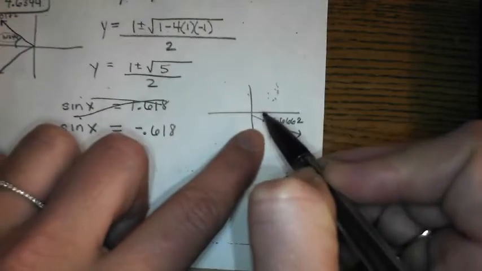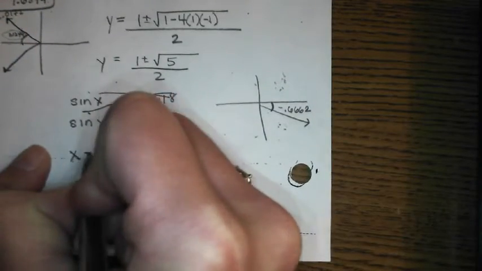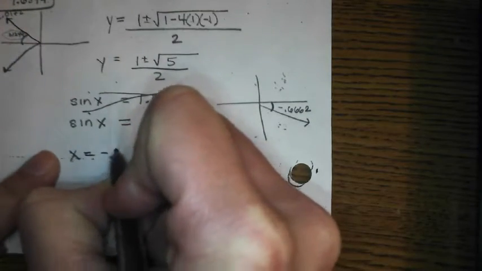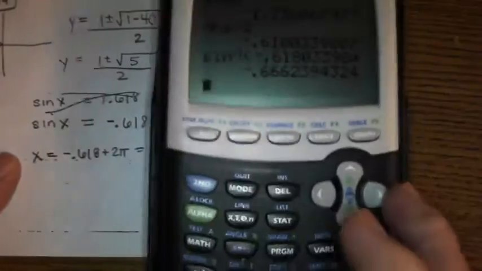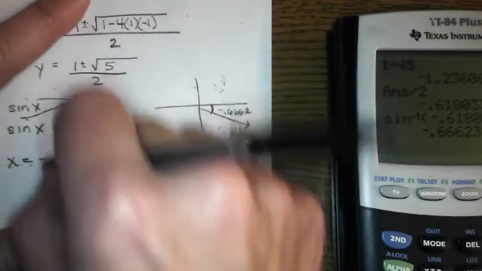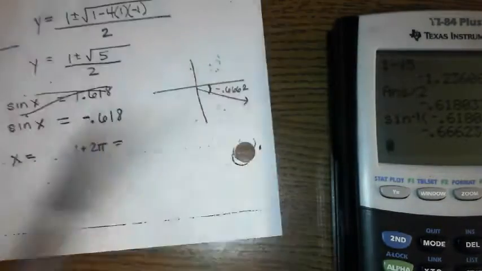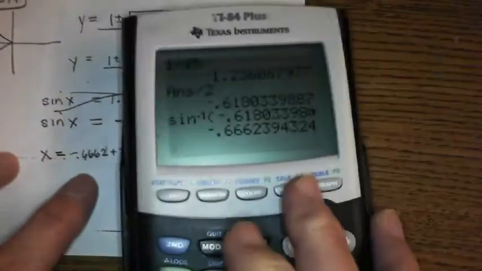So I can though find its coterminal just by adding on what? Right, I can just add on 2 pi to that. Why did I say 618? I meant 0.6662. Negative 0.6662. But even that, I'm just writing that.